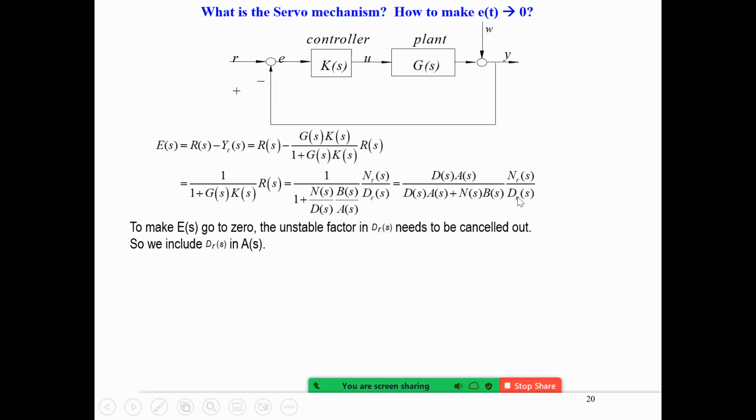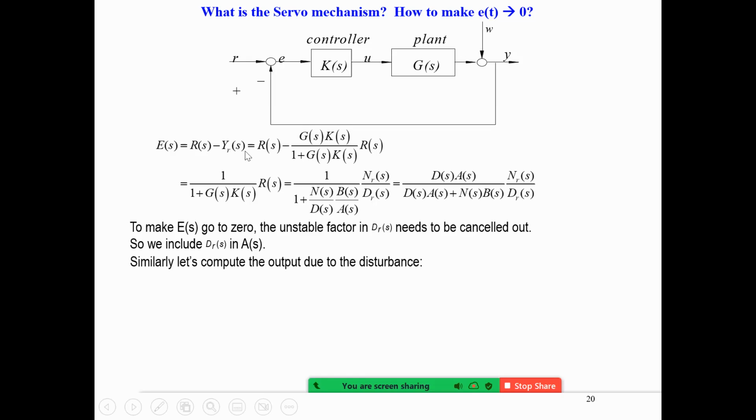That's why we need to put this DR as a part of A, the denominator of your controller. If DR does not disappear, this signal will not go to 0, because by partial fraction, you know that there will be a factor corresponding to those unstable poles.